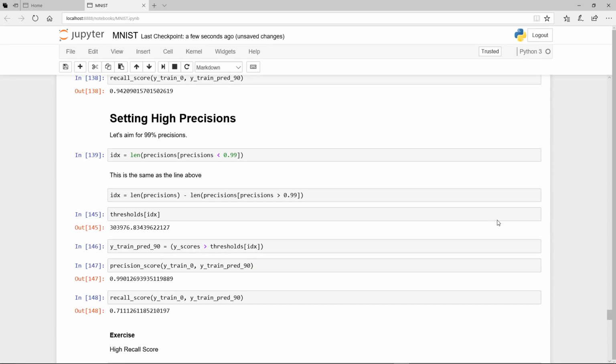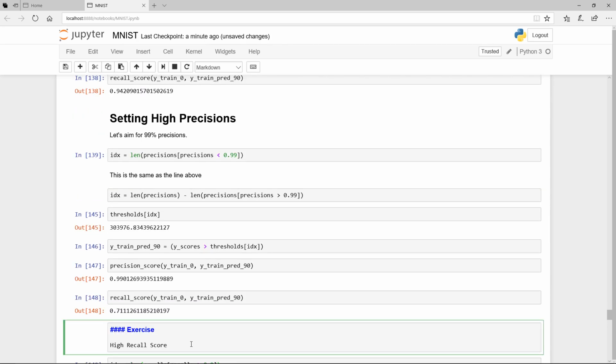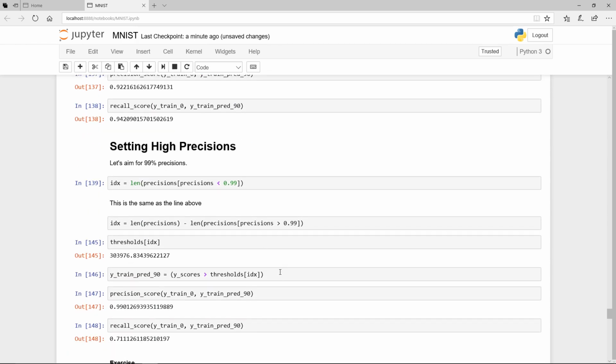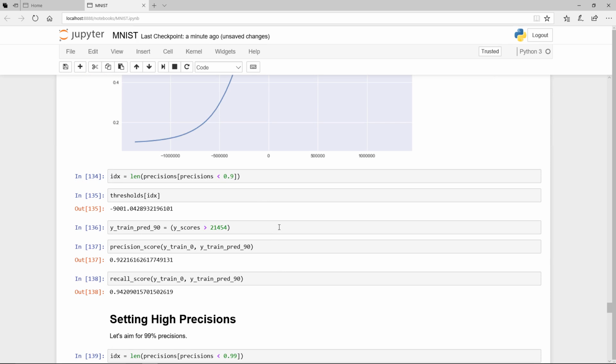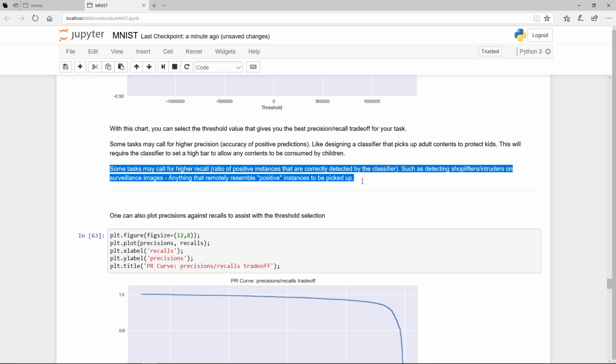Now, before we move on, I'd like you to perform an exercise on calculating a high recall score. Try to set your recall score greater than 0.9. What we've done so far is 99% for high precision and also 90% as well. Under certain circumstances, which we covered earlier, some tasks may call for a high recall, whereby the ratio of positive instances are correctly detected by the classifier.